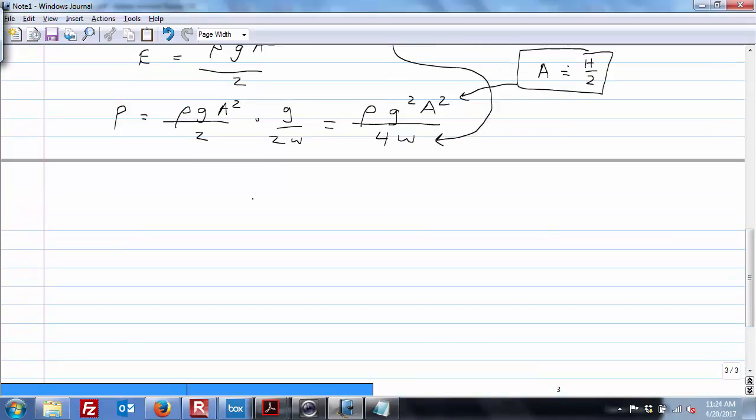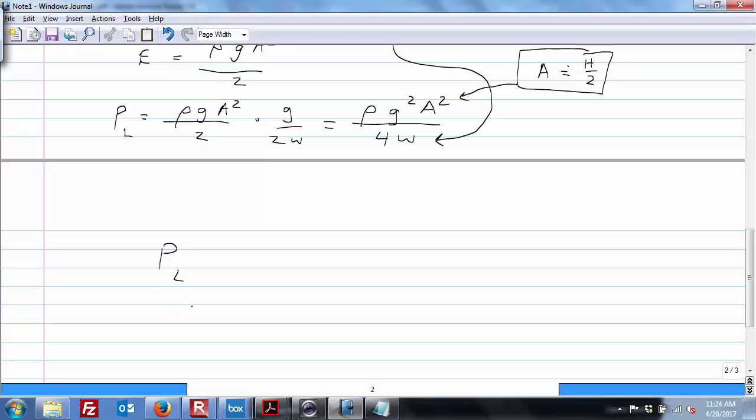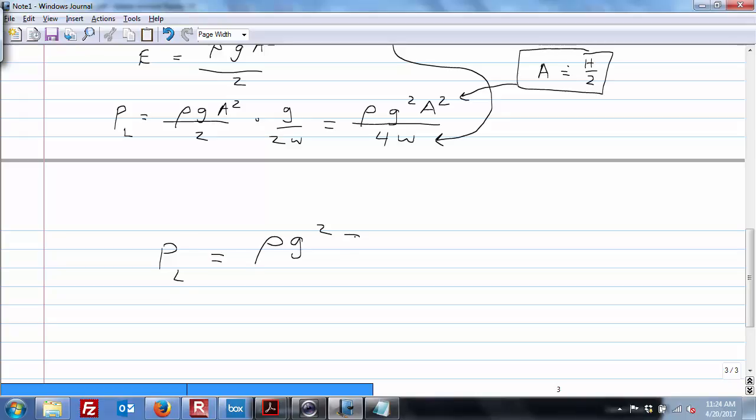We come up with our final solution, which is that power per unit length equals rho g squared T H squared over 32 pi.